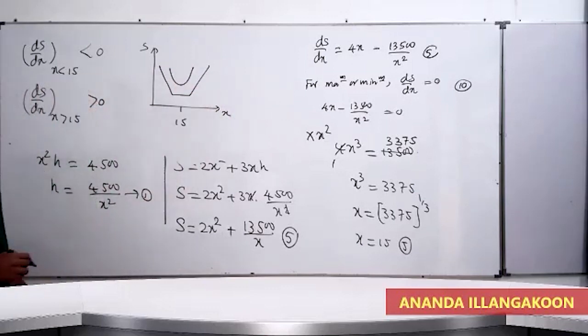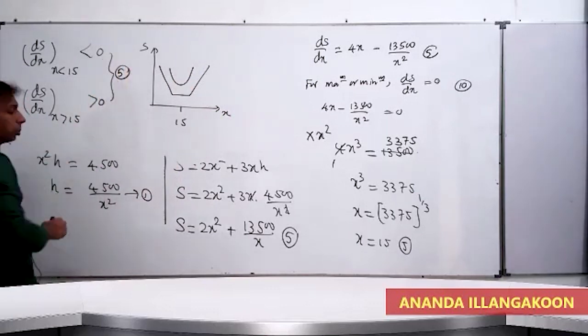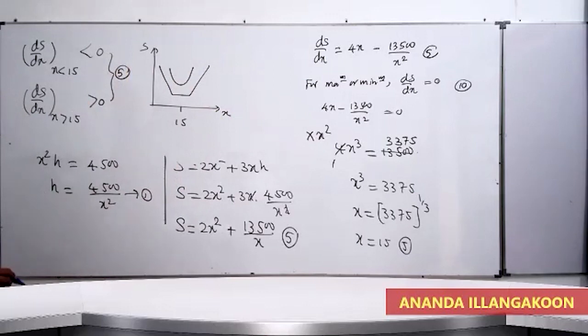So therefore, for finding the sign, 5 marks given for both. Write the final answer in terms of S is minimum when x equals 15, another 5 marks given. Okay.